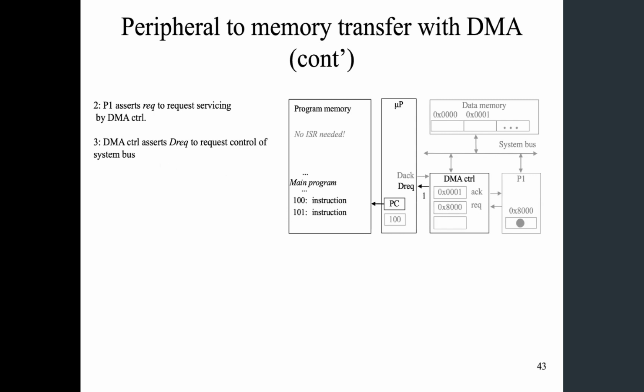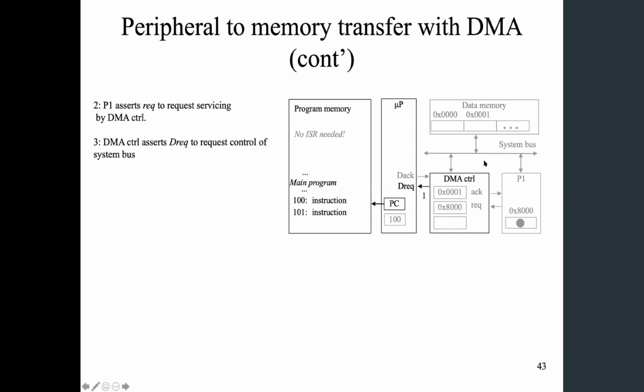DMA controller asserts the DMA request to request control of the system bus. So this control signal is to tell the microprocessor that I, as a DMA controller, would like to use your system bus, which is this part.